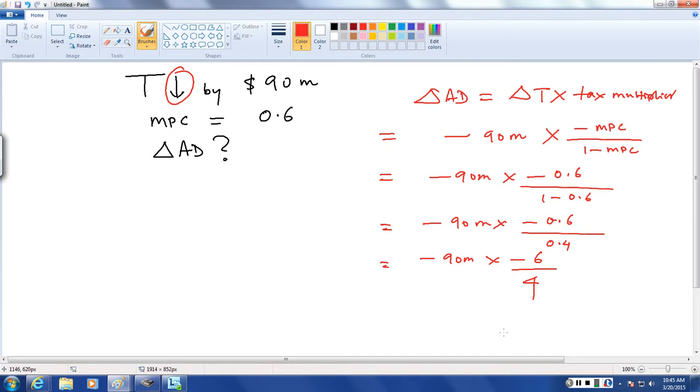Just use your calculator if you like. Or 3 by 2. Or 45 times 3. Plus. Why plus? Because you're multiplying two negative numbers.